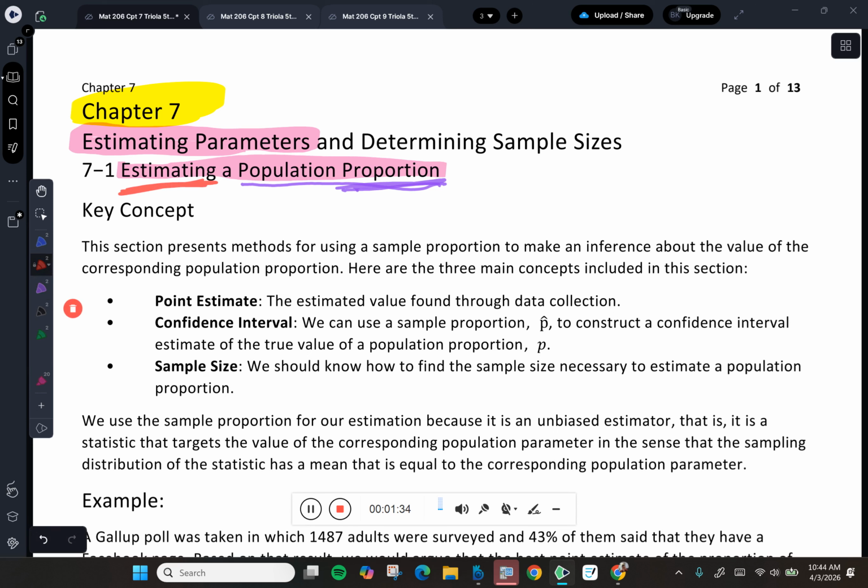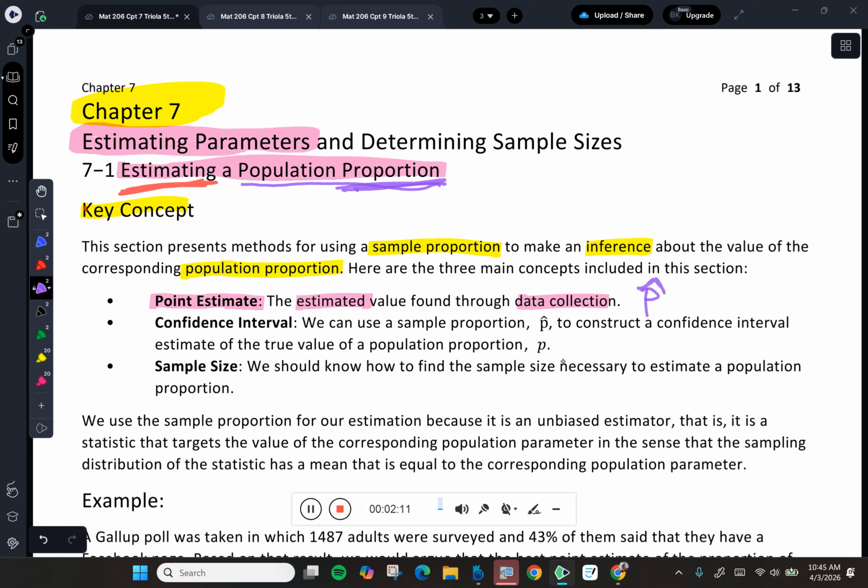The key concepts in this session are how we're going to use a sample proportion to make an inference, or a prediction, about the value of the corresponding population proportion. We're going to address something called a point estimate, the estimate we find through our data collection. It is going to be our p hat, our sample proportion.